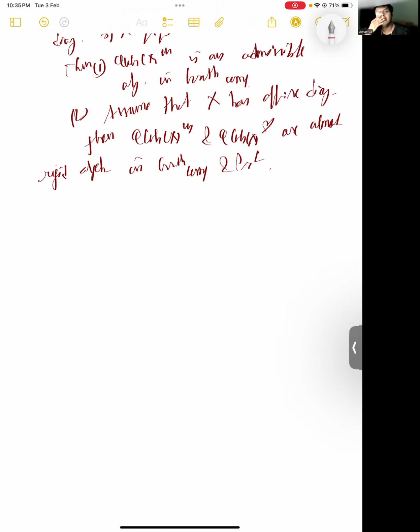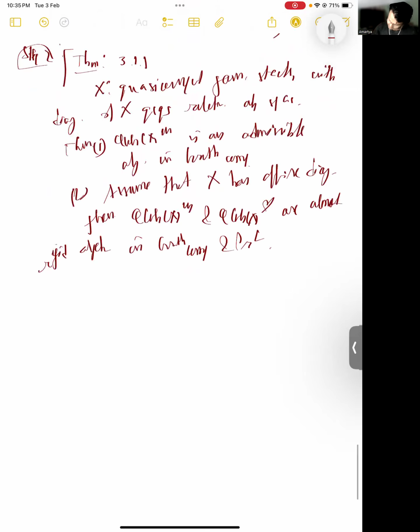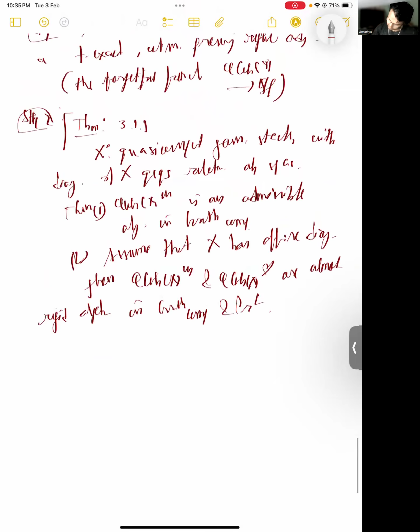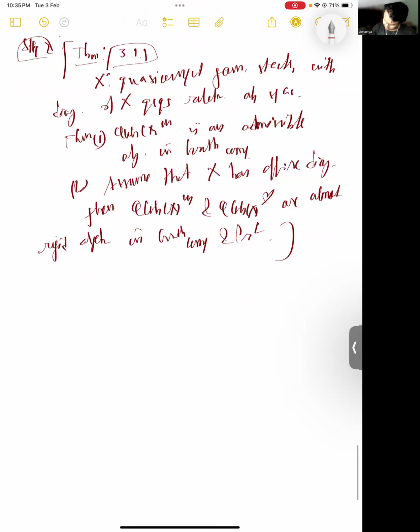Okay, and right, so this is theorem 3.1.1, and there's another theorem that we'll be using.